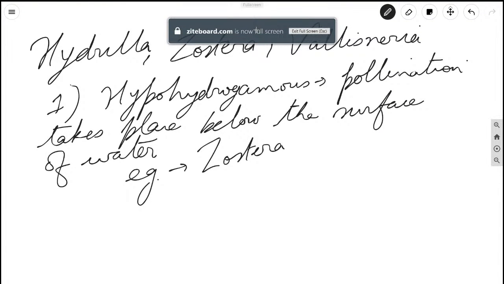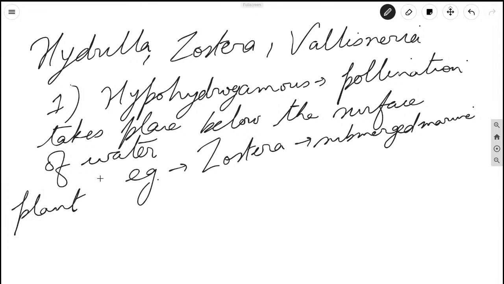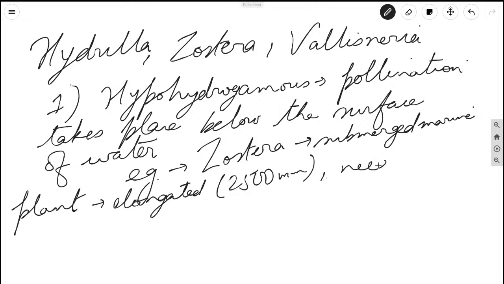So in zostera, what happens is it's a submerged marine plant which is known to bear elongated, 2500 micrometer long, needle-like and largest sized pollen grains, that too without exine.